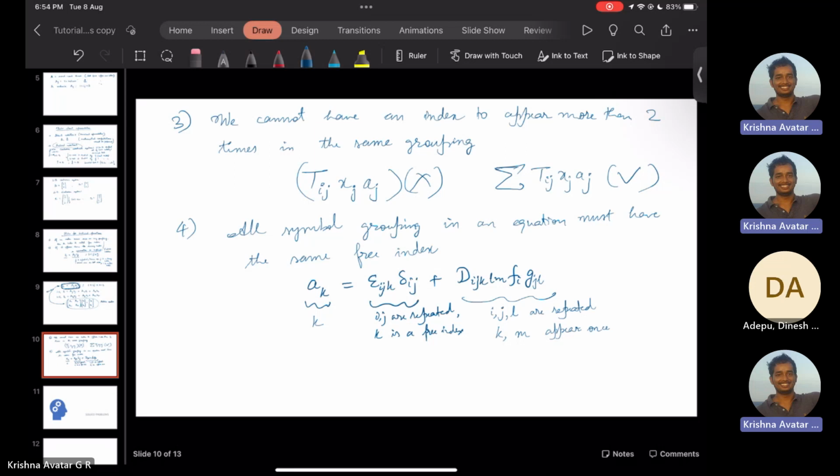But as per the rule, all symbol grouping in an equation must have the same free index, which means that since only k occurs on the left hand side, on the right hand side also we are only allowed to have k as the free index. So the second term on the right hand side violates this rule.